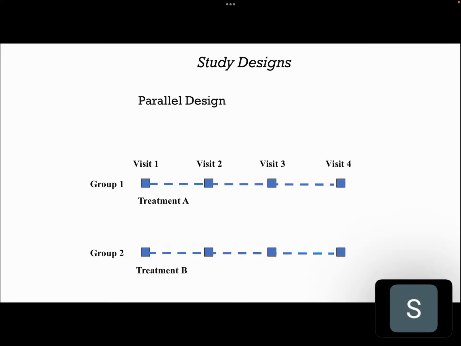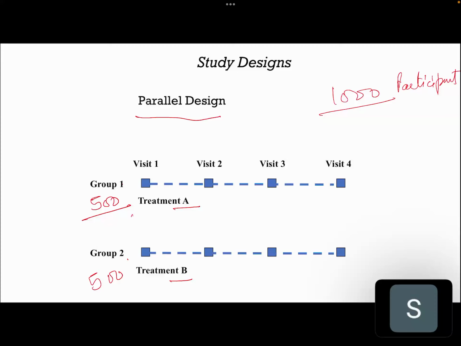So I also want to explain the study design to you. What is a parallel study design? Suppose you have treatments A and B, and you have 1000 patients. 500 you divide into group A, 500 into group B. No one will know.